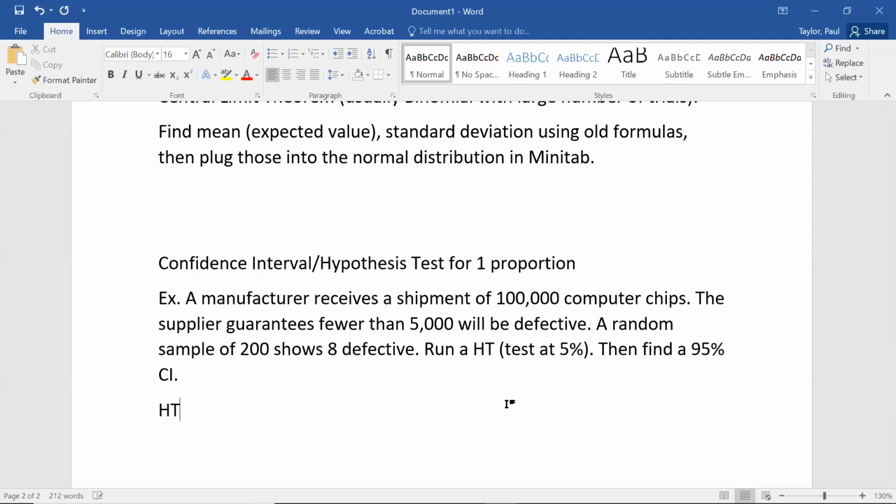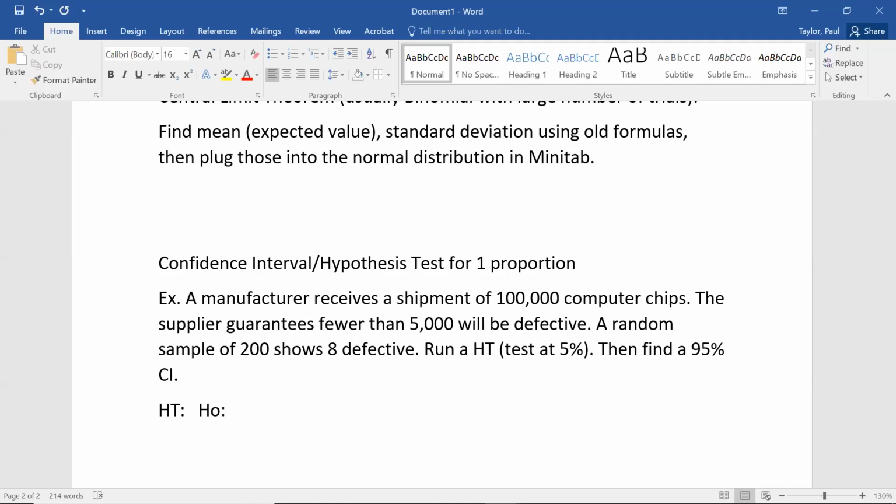For the hypothesis test, we need a null hypothesis, which is the established number or the number we're comparing it to. And I guess that's the supplier guarantee, right? We want to know where we stand compared to that 5,000.